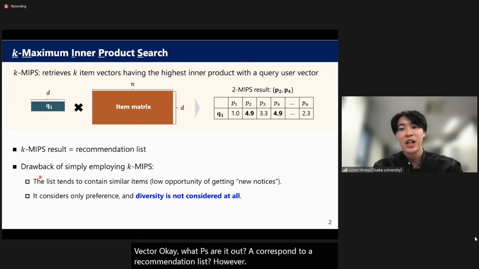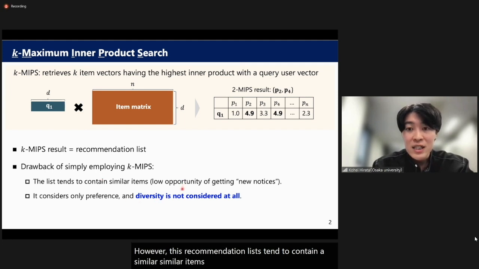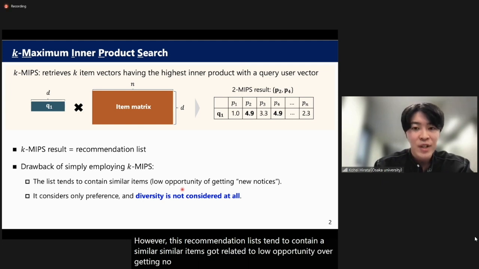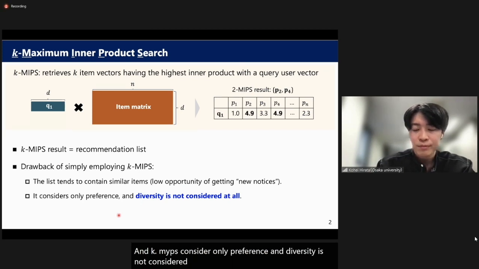However, this recommendation list tends to contain similar items that lead to low opportunity of getting new notices. And K-MIPS considers only preference, and diversity is not considered at all.